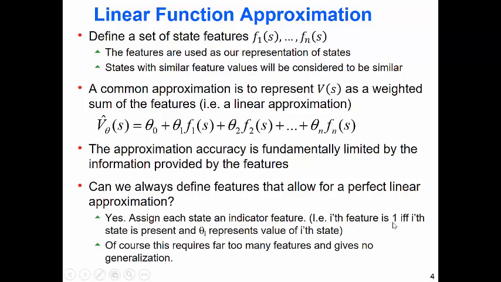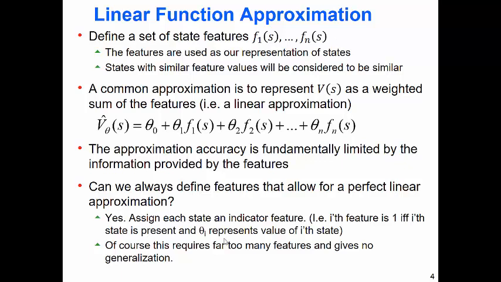If the ith feature is 1, then the ith state is present, and theta in that case would just be the value of that state. So for state 1, it has an indicator feature, all the other features are 0, and so theta just gives you the value of that state. It's kind of a stupid thing, but you can always define features.